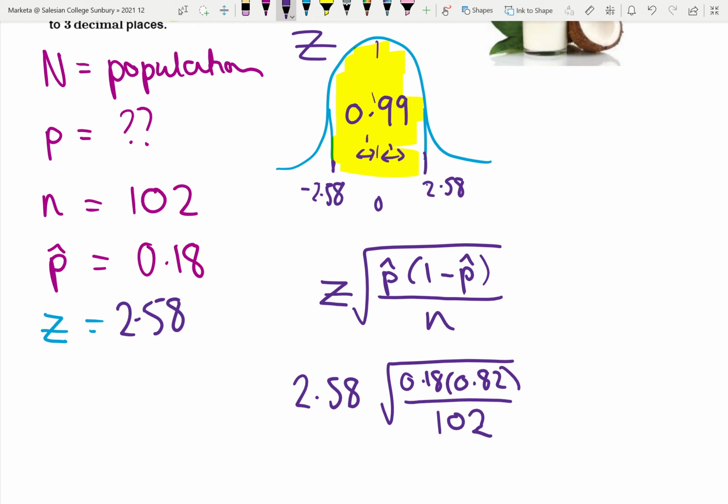When we pop that into the CAS, we're getting 0.098. This is what we're plussing and minusing.